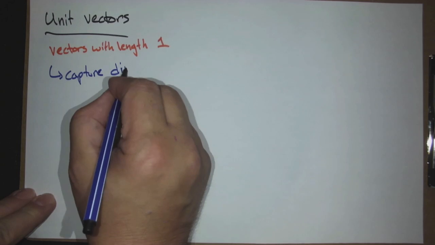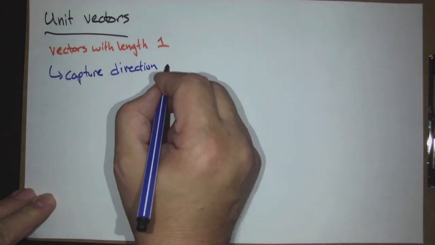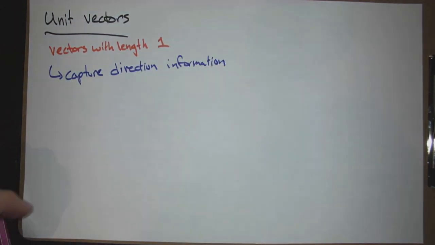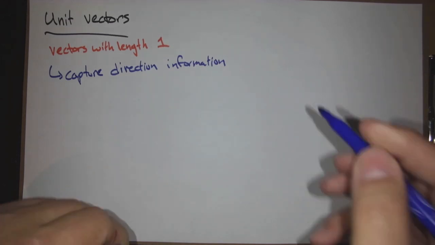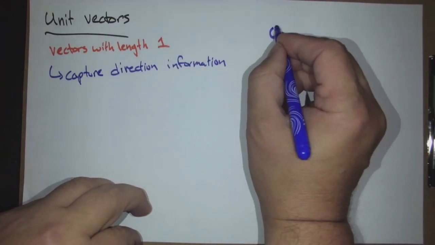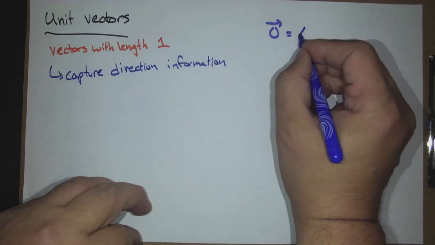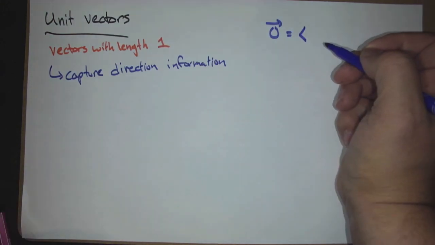Now there is a nice little fact that most vectors can be scaled to become a unit vector. In fact, there's one exception. There's a special vector, which we'll mention here, and it's called 0. The 0 vector. What do you think the 0 vector does?